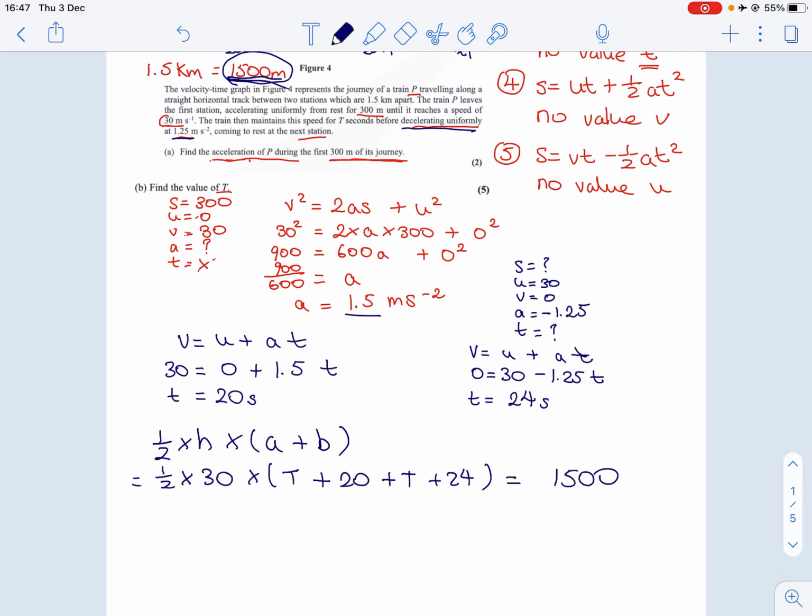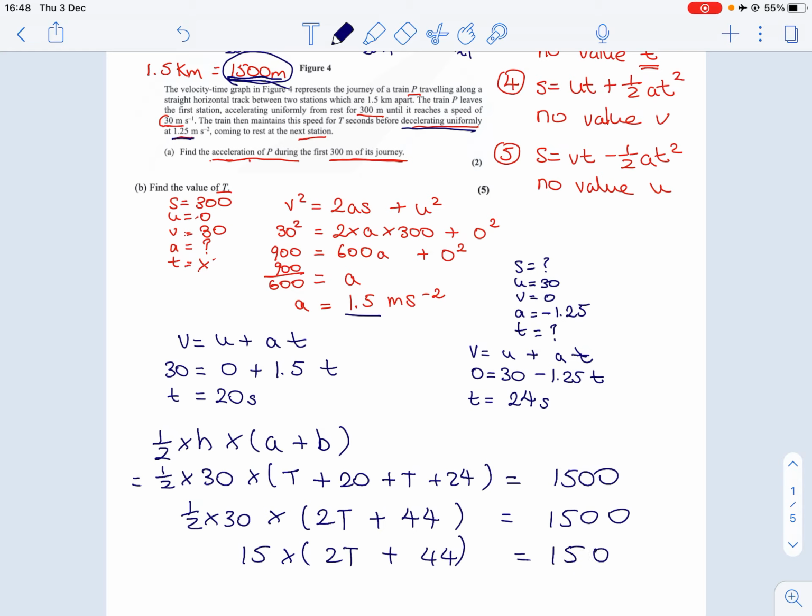So we're just going to solve our equation. So we have half times 30 multiplied by t plus t, which is 2t, plus 20 plus 24, which is 44, equals 1,500. So half times 30 is 15, multiplied by 2t plus 44, which is equal to 1,500.